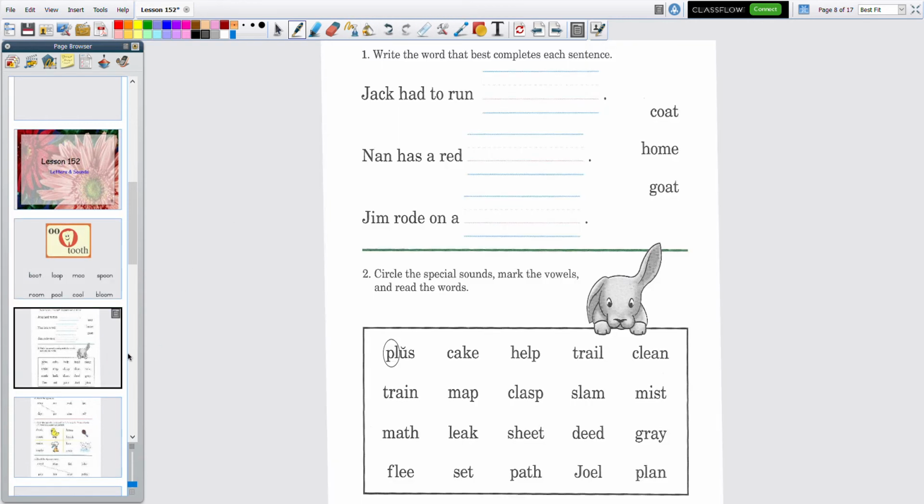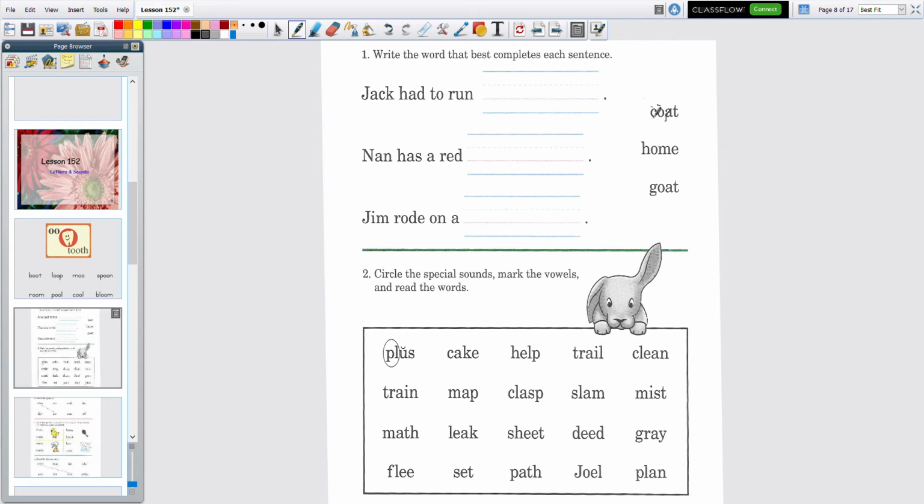The next slide shows what your paper is. So I hope you have your paper out. We're going to go ahead and do this. We have 3 words over here, and we're going to mark the vowels on those in a minute. We have 3 sentences, so we don't have any extra words. One word will go on each one of these lines. So let's go over here, and I'm going to mark this, and we're going to read them.